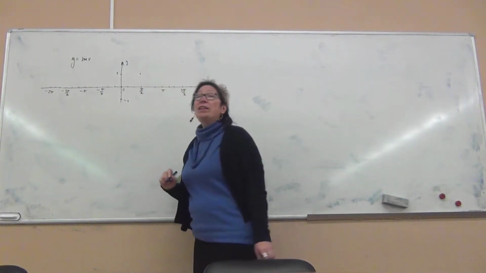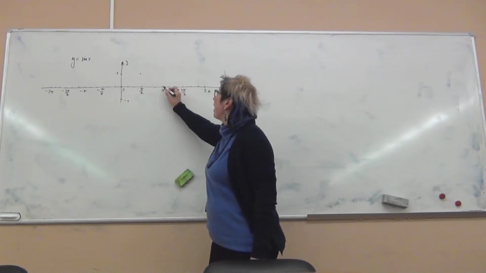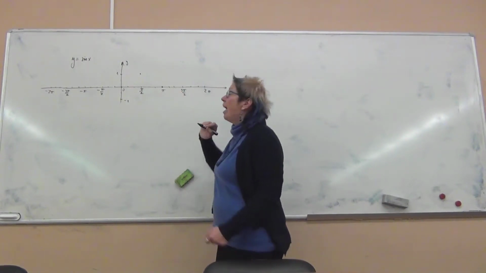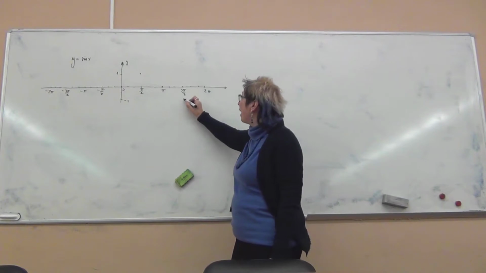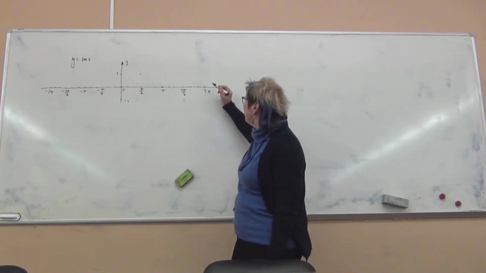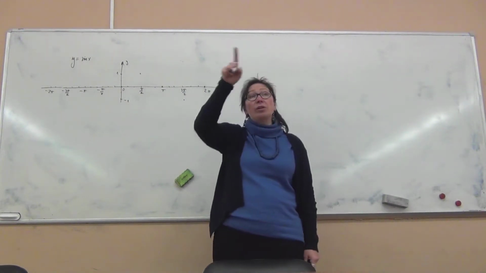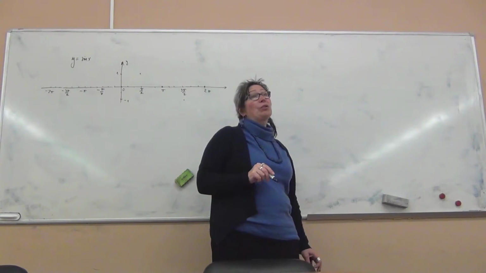And then, when the angle is pi, 180 degrees, the sine value is 0. And when the angle is 3 pi over 2, that would be 270 degrees, the sine value is minus 1. And when the angle is 2 pi, 1 full circle, the sine value is 0 again.